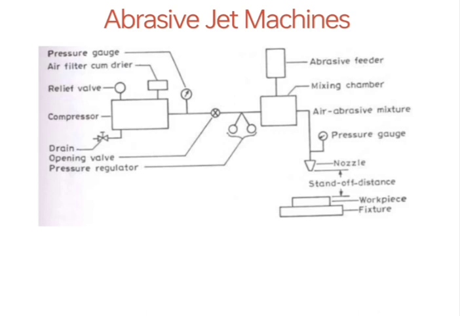At that time we have to maintain the stand-up distance, which we have already seen in the previous diagram, 0.8 mm. The high velocity air and abrasive particles enter the nozzle with high velocity force and impact the workpiece.